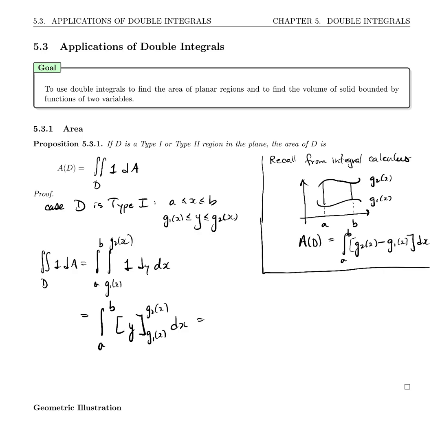So we subtract the top minus the bottom, so the integral from a to b of g2 of x minus g1 of x dx, and what do you know?